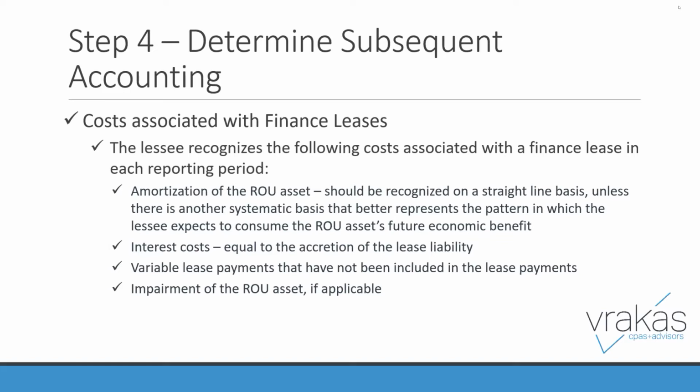You're going to have an interest cost, which is equal to the accretion of that lease liability for the discounting. If you do have any variable lease payments that you did not include under your liability because they're truly variable, so it's based on usage or based on performance, something like that, any of those types of variable lease payments under both models actually are expensed as incurred. And if you had an impairment of your right of use asset for some reason, then you would be recognizing that in the period incurred as well.